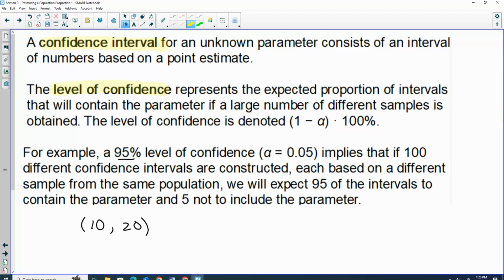So 5 times out of 100, I might have a number that's smaller than 10 or bigger than 20. But 95 times out of 100, the sample would fit in this window. Does that make sense? So, in general, the more confident you are, probably the bigger your range of values is going to be. Okay, if I'm going to have it fall in here 95% of the time, I'm going to have a fairly wide range. If I want it to fall between 3 and 4, that's a very small window, right? So that's not going to happen very often.